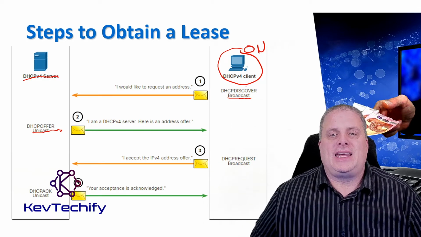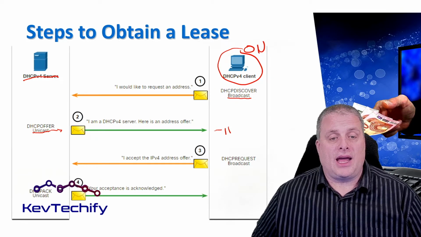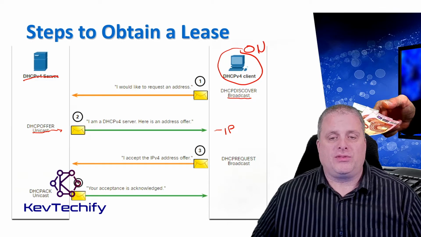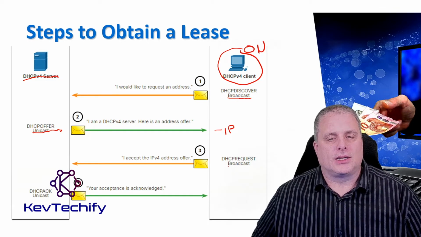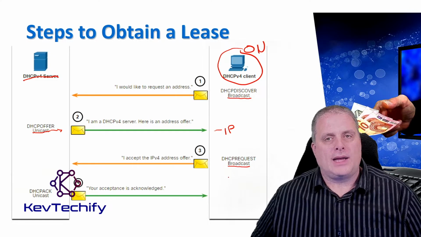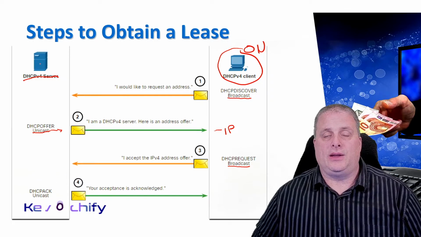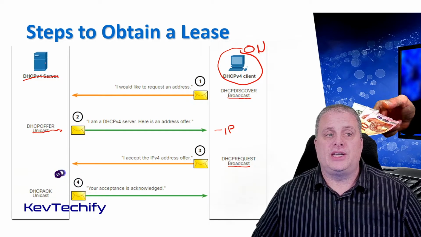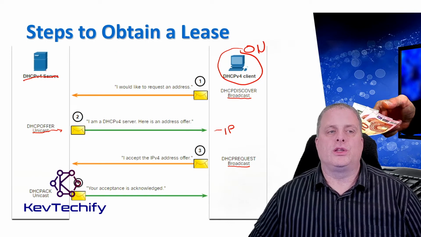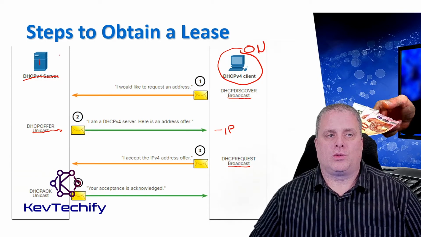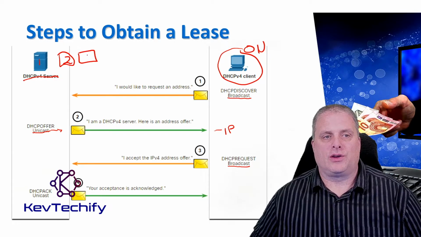The client hears that coming in and says, okay, I get that IP address. I accept your offer. Now, when it goes back, notice it's a broadcast. Now, why is that a broadcast? We know who sent us that DHCP offer. It's this IP address of the DHCP server, right? But what happens if there was more than one server on your network? Here's DHCP server 1, DHCP server 2, DHCP server 3.